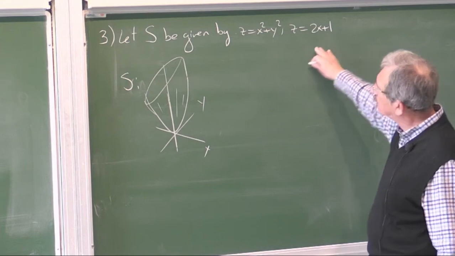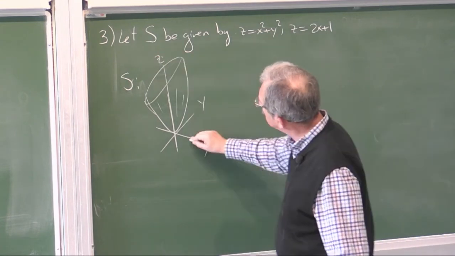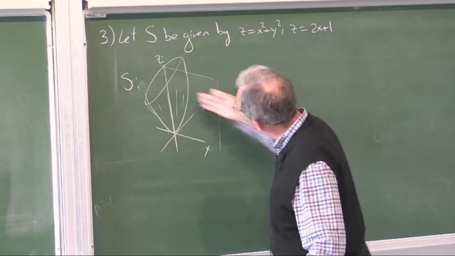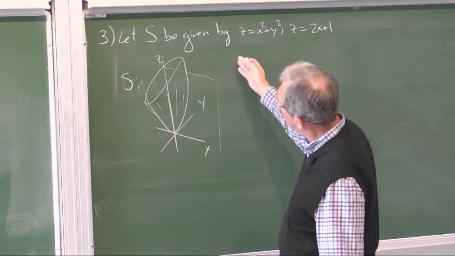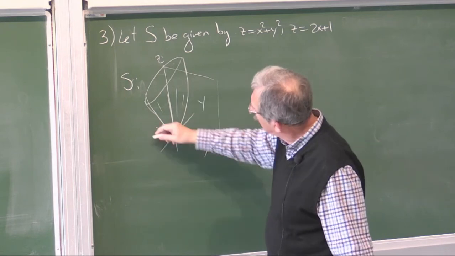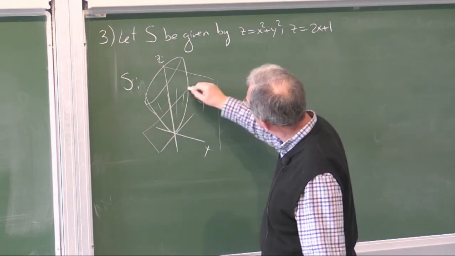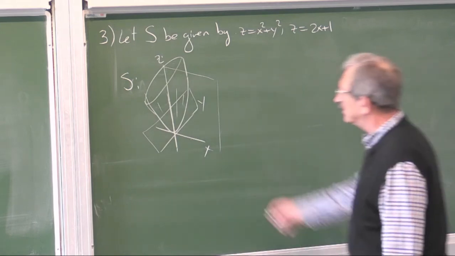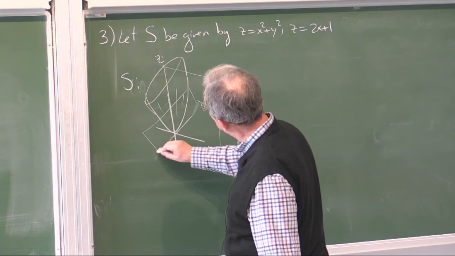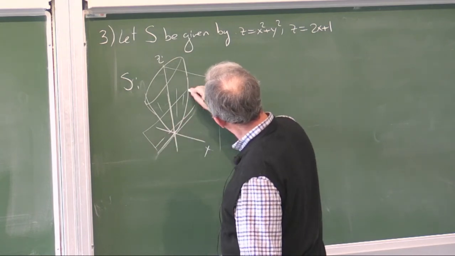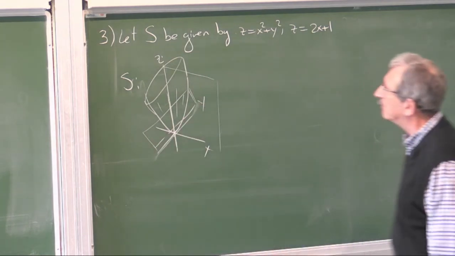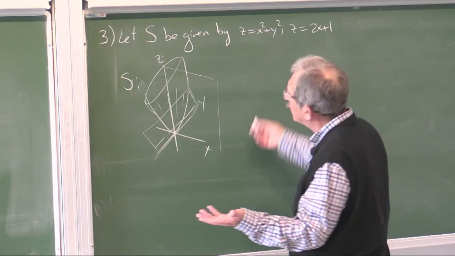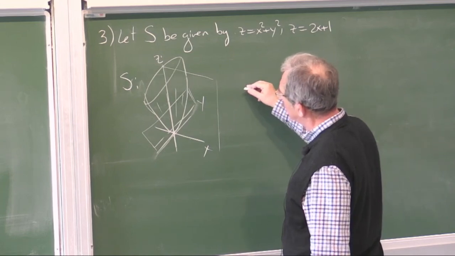So if you sketch this in the zx plane here, it will be a straight line, and you move it along y. So somehow you are cutting this with a plane of this form. It doesn't, of course, pass through the y-axis, something like this. So you cut it with a plane of that form. So clearly what you get will be something as follows.